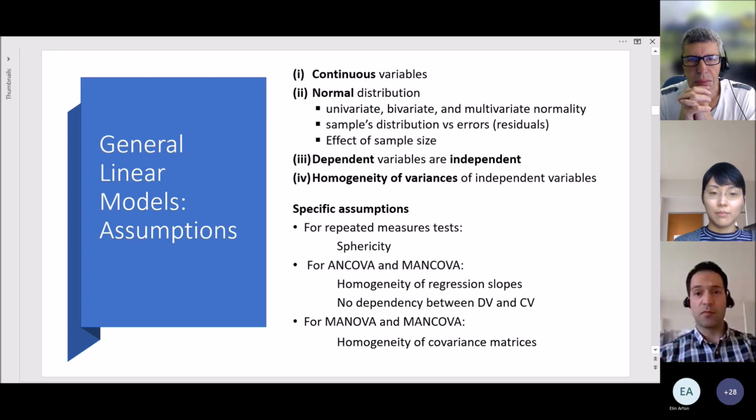There are 2 types of normality, univariate and multivariate. Bivariate is also a type of multivariate normality. So if you are running analysis, you can look at the Mahalanobis distance, or if you have access to software packages like Amos, you can look into Mardia's coefficient for multivariate normality statistics.